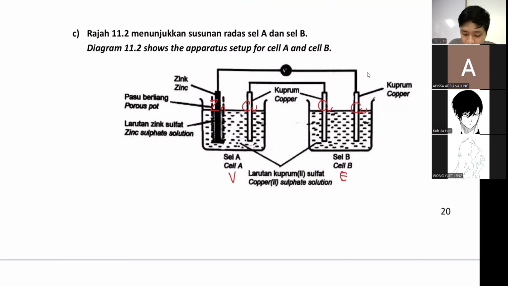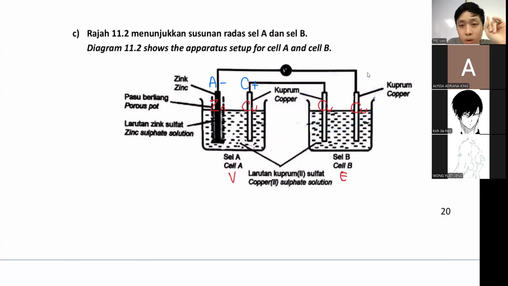Again, just now we already analyzed this cell. Zinc is anode, negative, copper is cathode, positive. I already told you, because zinc has more negative E value and copper has more positive E value. Also you have to know for cell B which one is anode and which one is cathode.